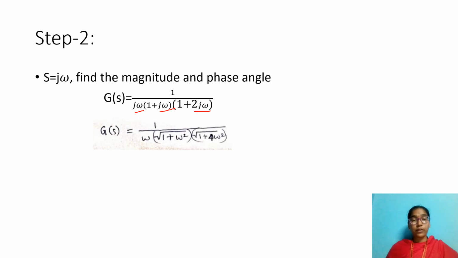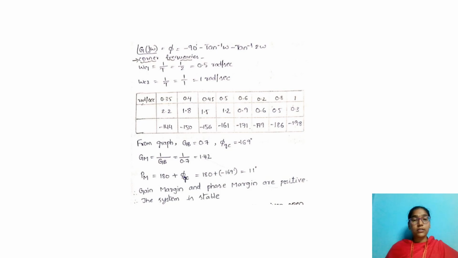For finding the magnitude, we neglect the imaginary term, so the magnitude is 1 by omega into root over (1 plus omega square) into root over (1 plus 4 omega square). The phase angle of G(j omega) equals phi equals minus 90 degrees minus tan inverse omega minus tan inverse 2 omega.